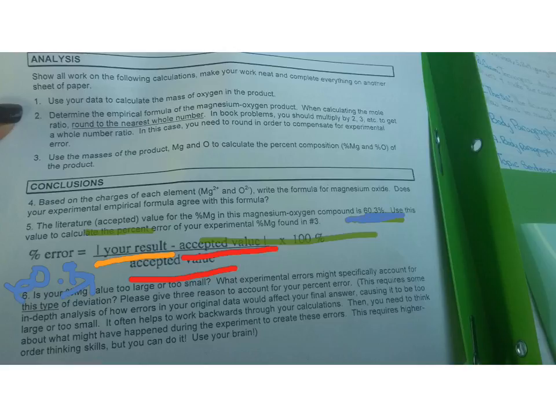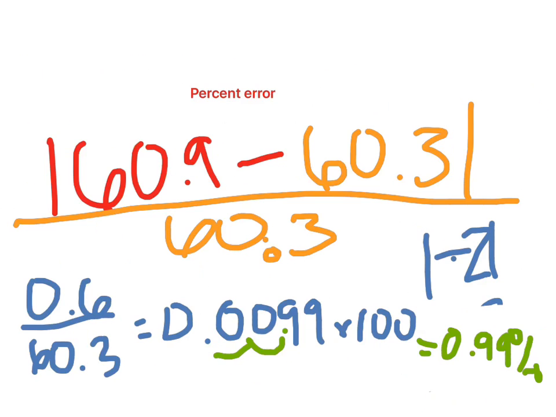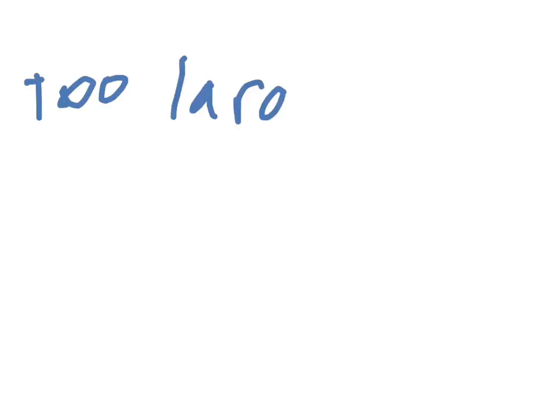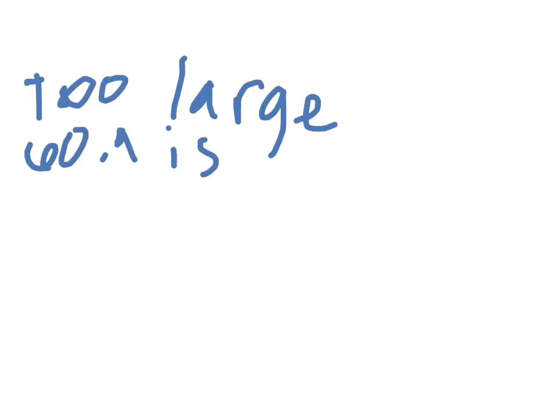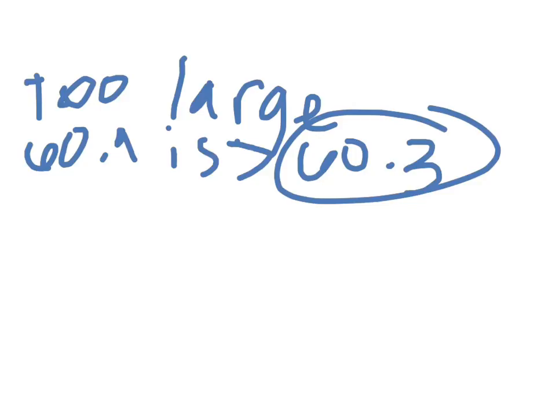So that means that your value was too large because this is bigger than this. I don't remember what you did in the experiment. So you're going to write too large because 60.9 is greater than 60.3, which is what the actual value was.